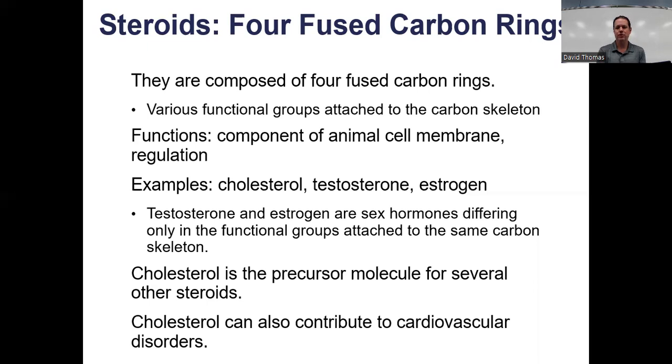And so those are steroid-based hormones, and they form these carbon ring structures. Cholesterol is also used not only in cell membranes, but it's also used to help form other steroids, including the testosterone, estrogen, progesterone hormones. And there again, too much can have bad effects because it can lead to cardiovascular problems.